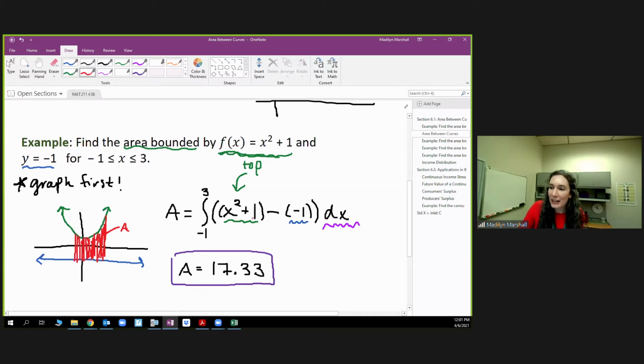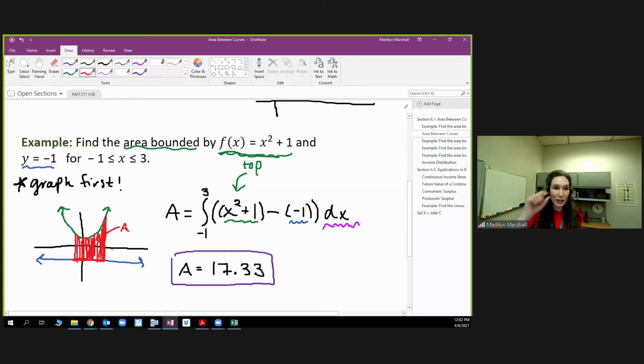So by doing our top function minus our bottom function, we are actually getting the distance between the top function and the bottom function. So it gives the length of each of those little tiny line segments that are then being added all together from -1 to 3. So we still have the same sense of area where we are sort of multiplying our width, which is the -1 to 3 part, with the height.